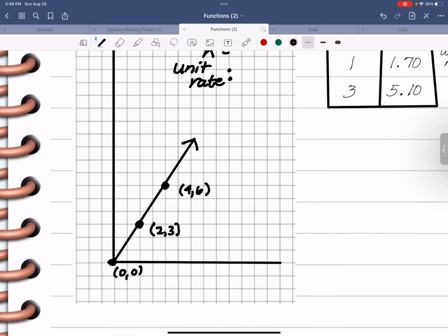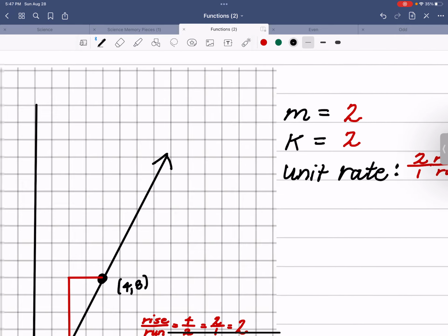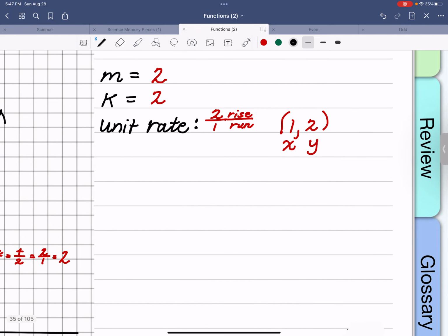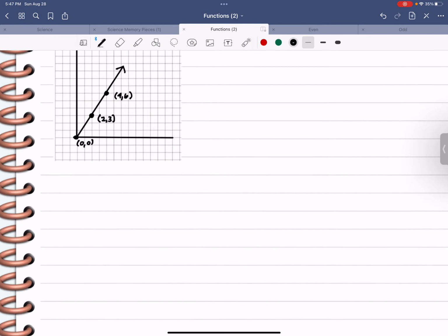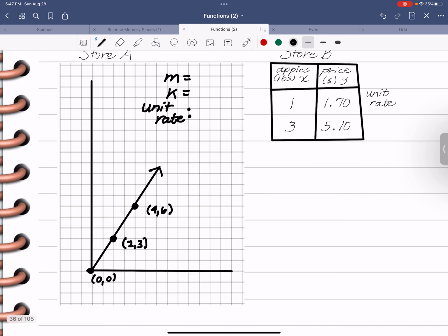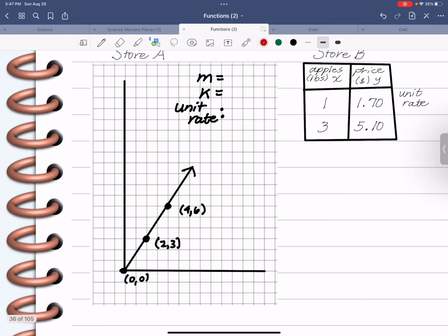Okay, let's go ahead on the graph. Before I even read the question, let's go ahead and calculate what we can. And where did it go? There it is. So slope, according to rise over run, is rise 3, run 2, rise 3, run 2.